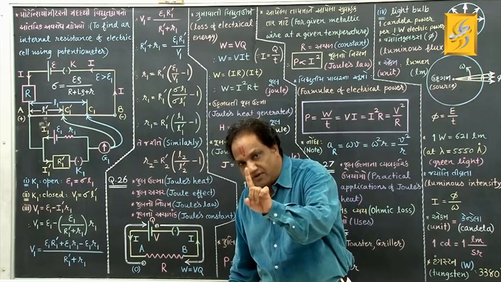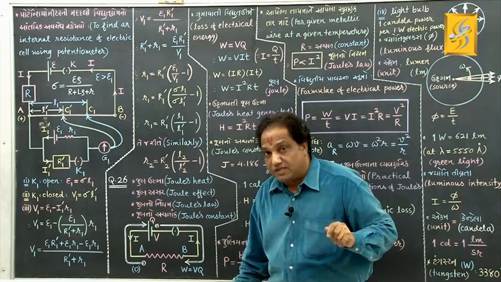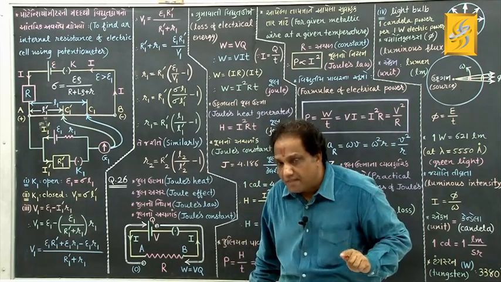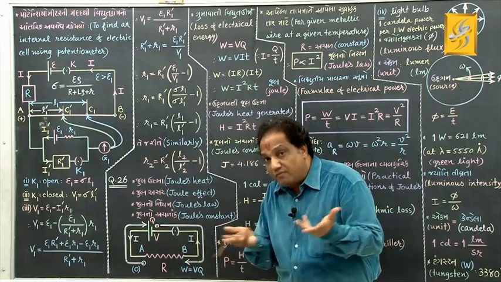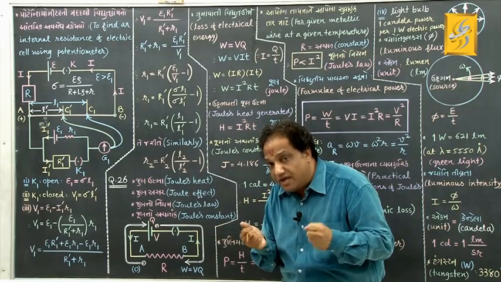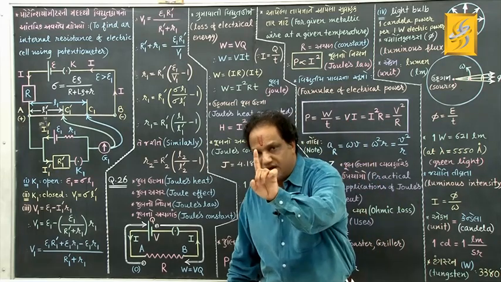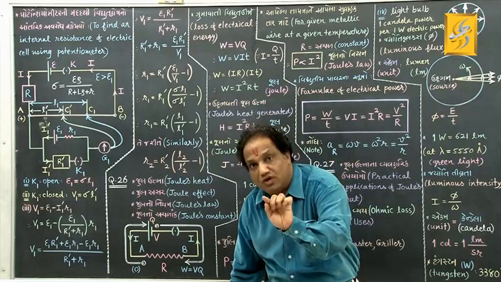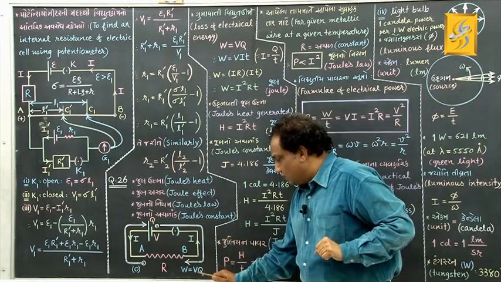For 1 unit negative charge coming out of this negative terminal, if the net amount of energy supplied by the battery is capital V, then for Q units of negative charge, what will be the net amount of energy supplied by the battery? V into Q. For 1 unit charge, it is V. For Q unit charge, it will be V into Q. So I am writing here V into Q.